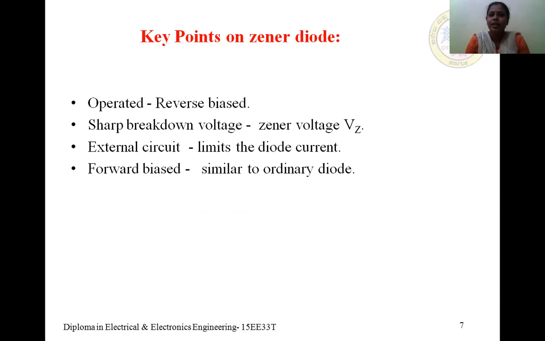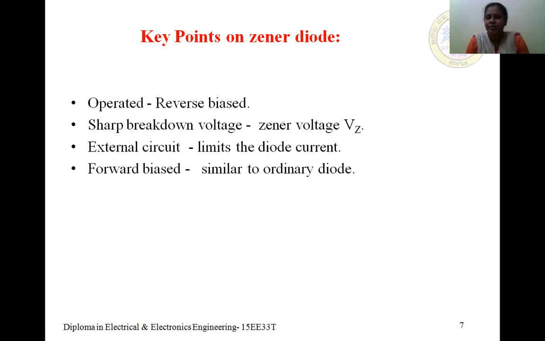Next, let me go through the key points on the Zener diode. In the last slides we studied the definition of a Zener diode and its VI characteristics. From these two things we observed that it is a heavily doped PN junction diode, and it conducts in the reverse biased condition.